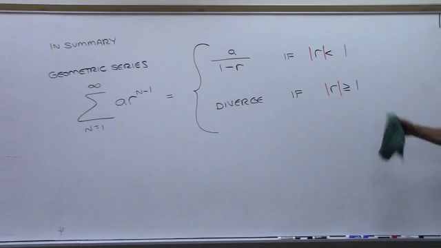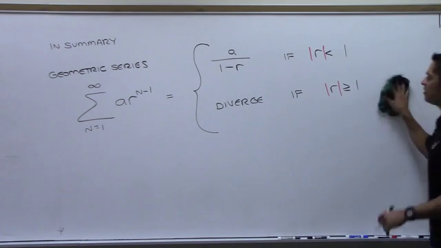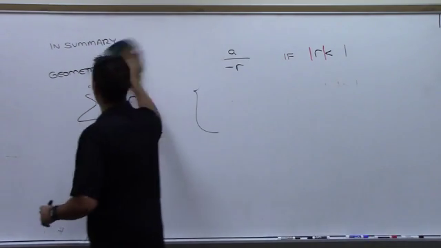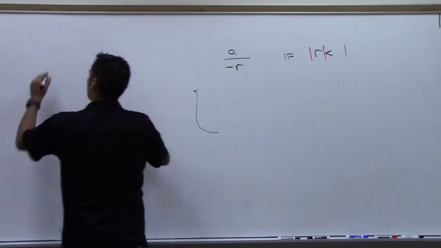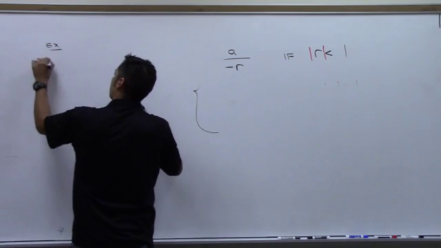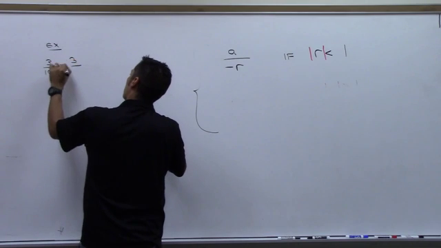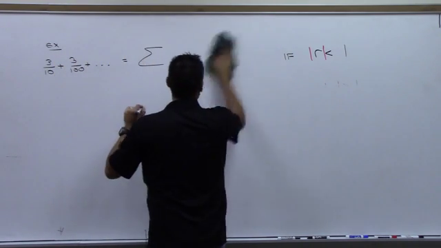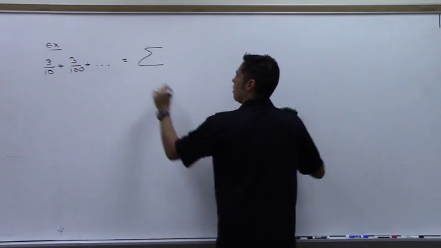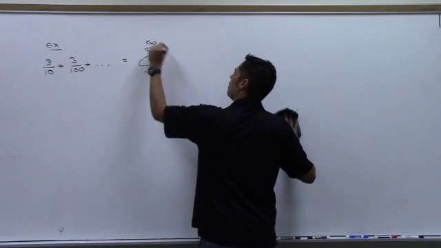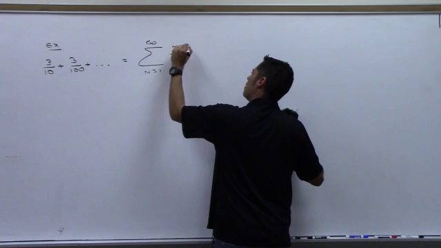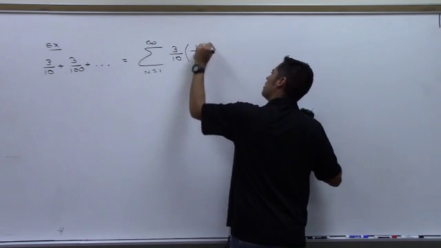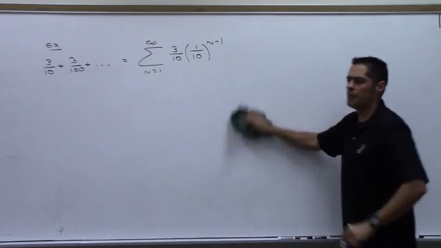Now, go back to the example that we just had. Back to the example where we had 3/10 plus 3/100 plus, we came up with the formula for that. What was the formula? 3/10 times 1/10 to the n minus 1, right?